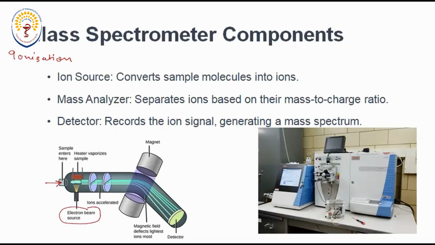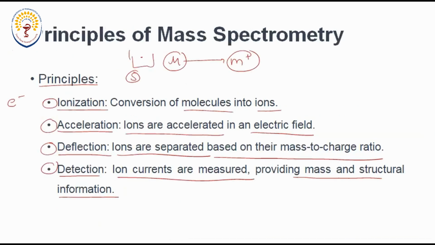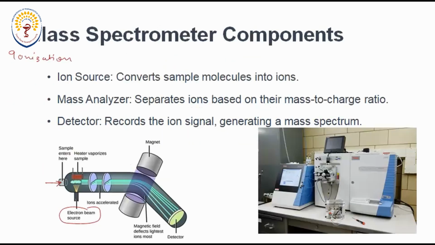It throws the electron beam onto the sample and the sample gets ionized. So first the sample was introduced and ionized by bombarding it with a beam of electrons. This is how ionization was done.